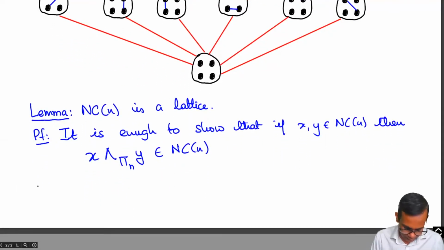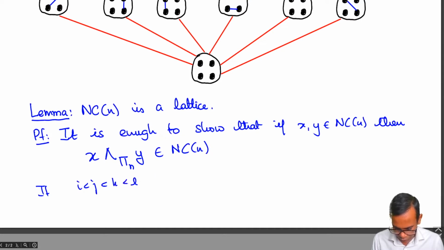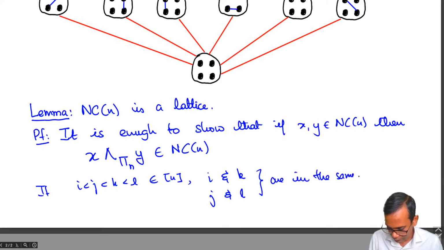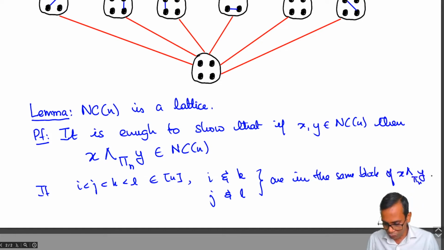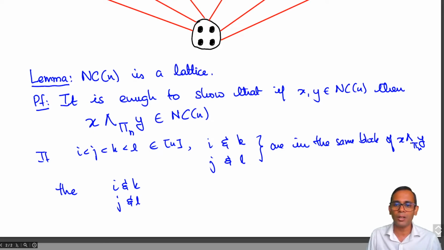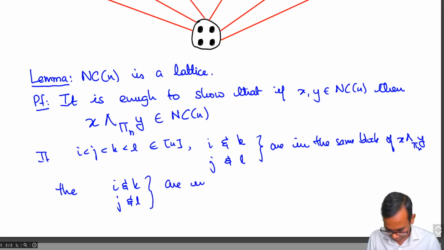But this is easy because if i, j, k, l are 4 numbers between 1 and n, and I want to show that the meet is non-crossing, and i and k, j and l are in the same block of x meet y in pi n, then of course i and k are, and j and l, well, since each block of the meet of x and y is contained in a block of x, are in the same block of x and in the same block of y.